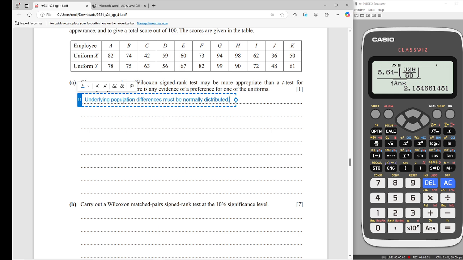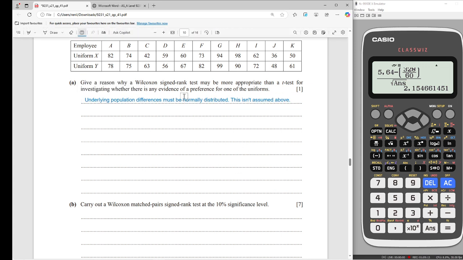So how we frame the answer for this favoring Wilcoxon signed rank test is that say that underlying population differences must be normally distributed. This isn't assumed above. Right, so this is a way you can write the answer.